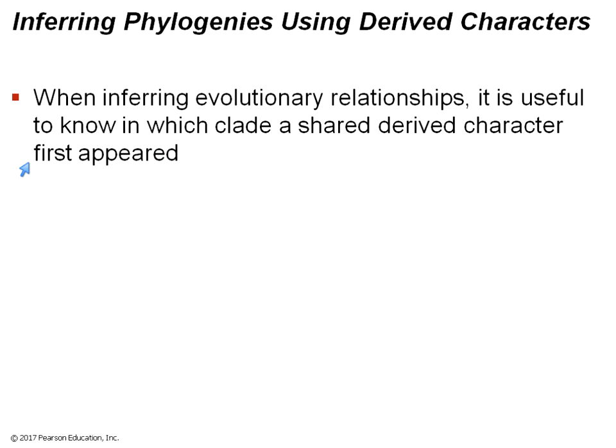So when you use evolutionary relationships to try to figure out who's connected with who, it's very useful to know when a shared derived character actually first appeared in a clade.